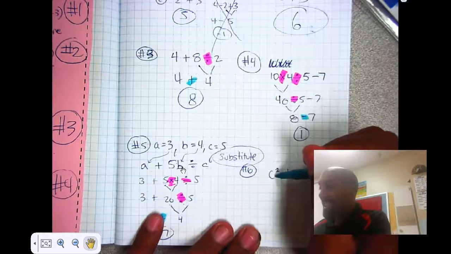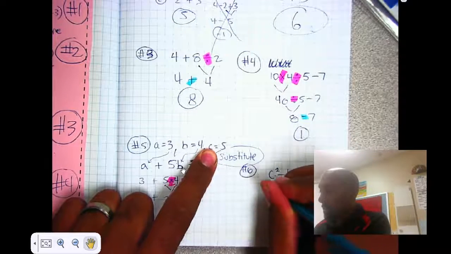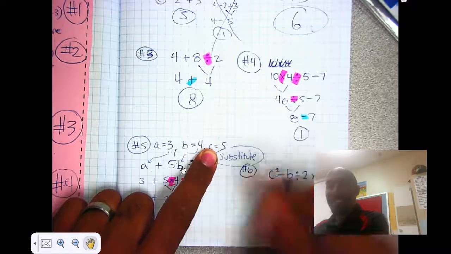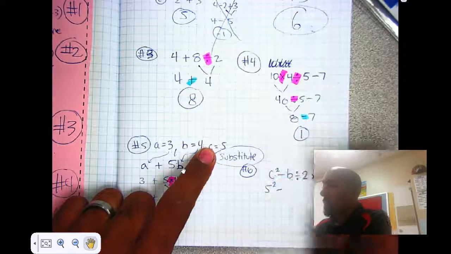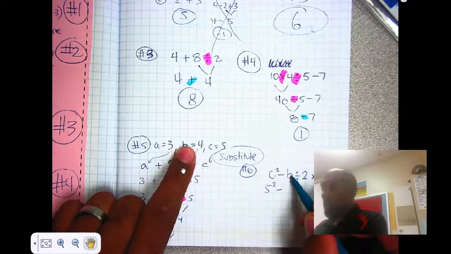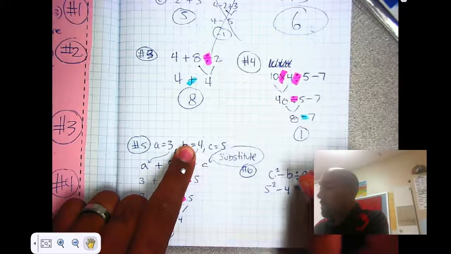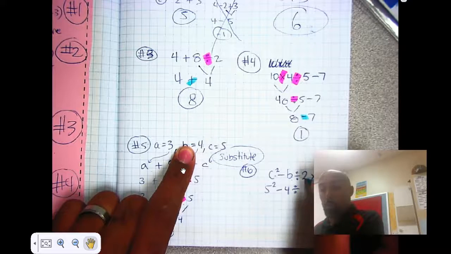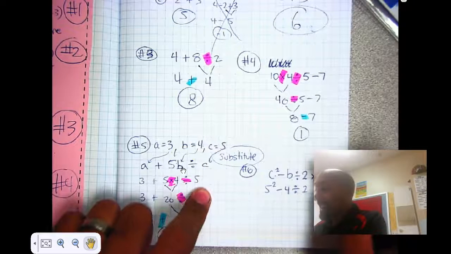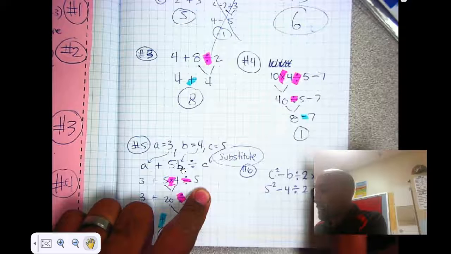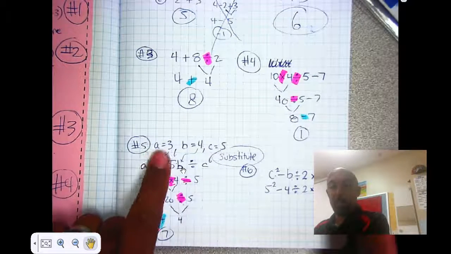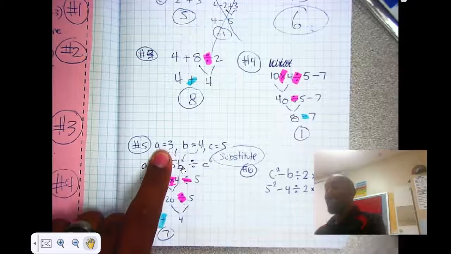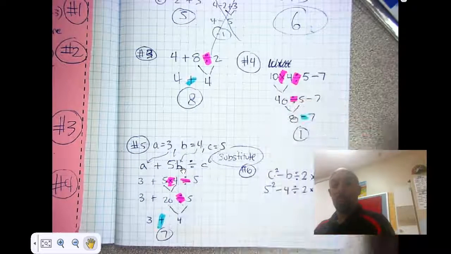So the C is 5, and don't forget the little 2. C, 5 squared. The B is 4, divide by 2, times, this is multiply, A, which is 3. Now I need to look, what's the right order?